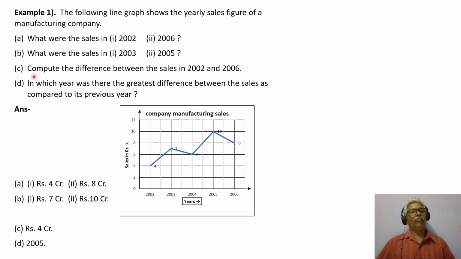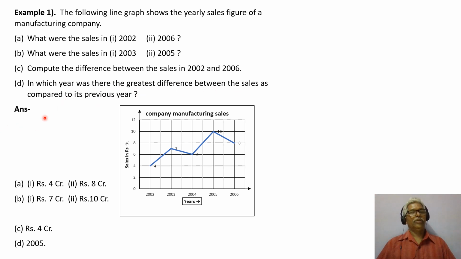C. Compute the difference between the sales in 2002 and 2006. And D. In which year was there the greatest difference between the sales as compared to its previous year? Remember, previous year and difference. You have to understand this properly.